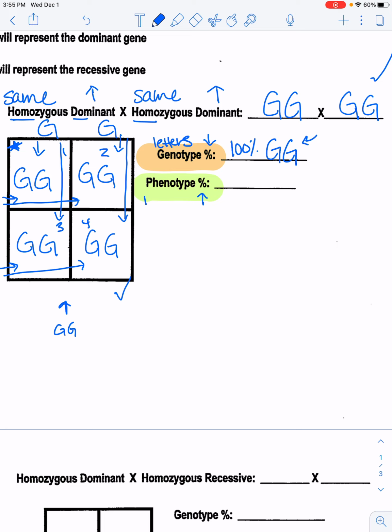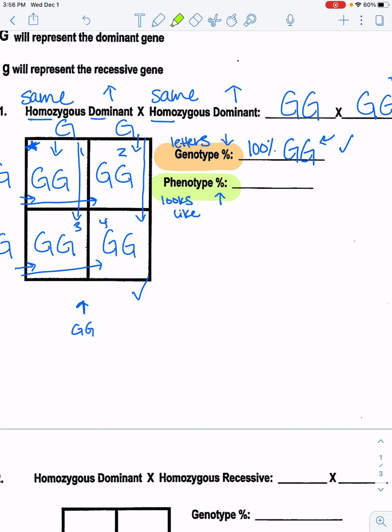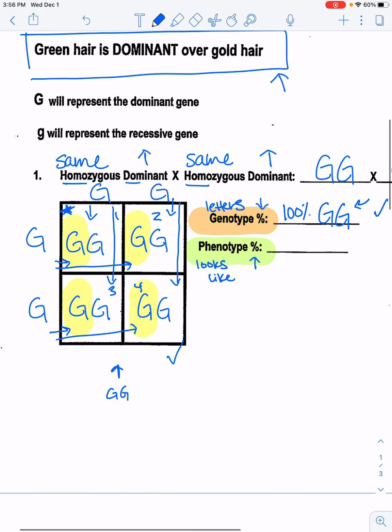The phenotype is what it looks like. And I can only move on to the phenotype because this adds up to 100. We are good. For the phenotype, all you're going to do is count how many boxes have at least one capital letter. I see at least one capital letter in every single box. So that means that every single box is going to display the dominant hair color, because it has a dominant trait.